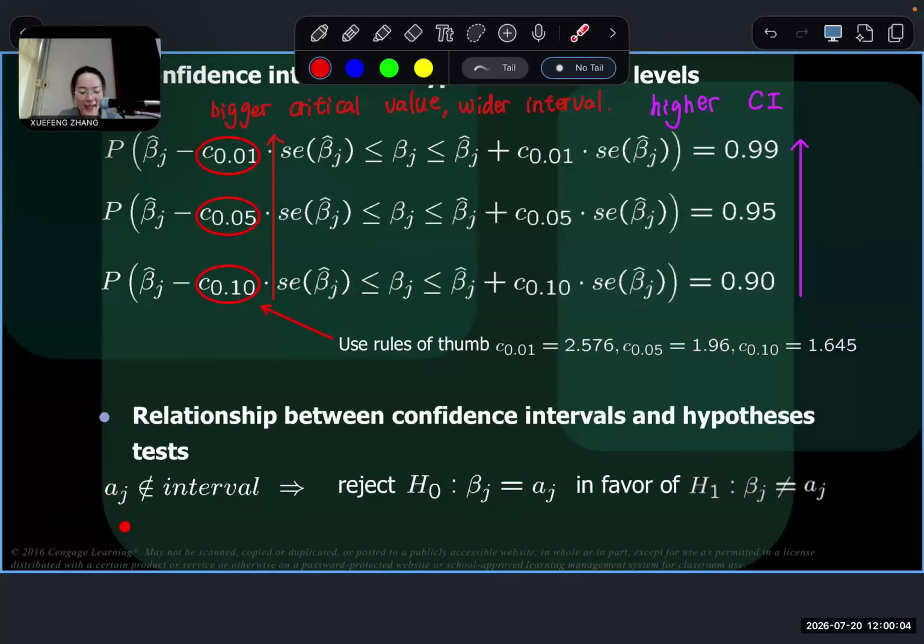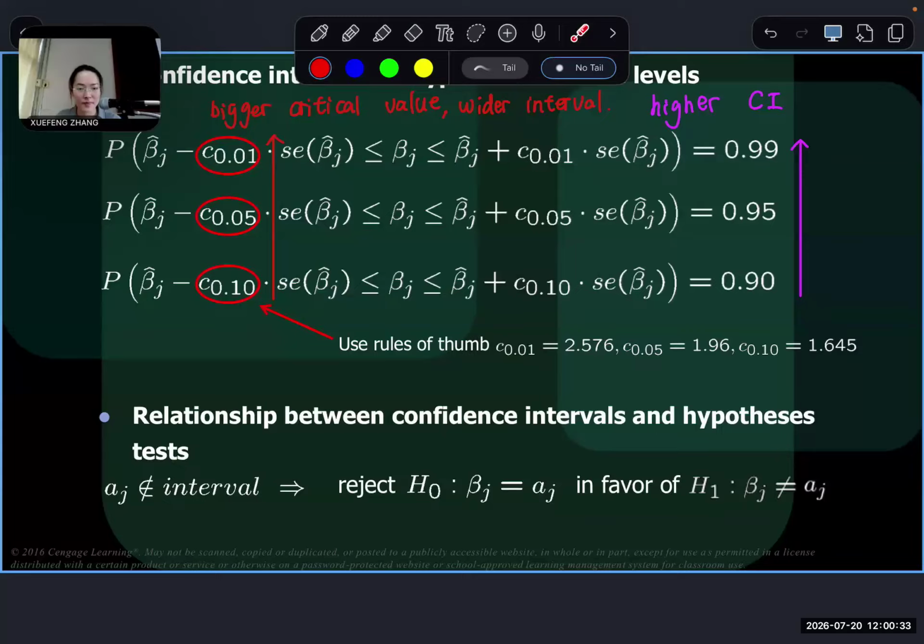If a j falls outside the confidence interval, this is equivalent to rejecting our H0, beta j equals a j, at the corresponding significance level. This is the relationship between confidence interval and hypothesis testing.